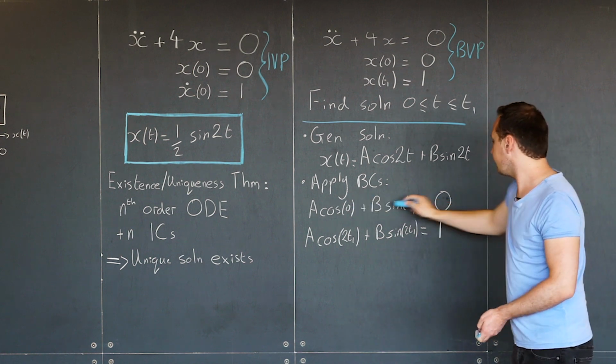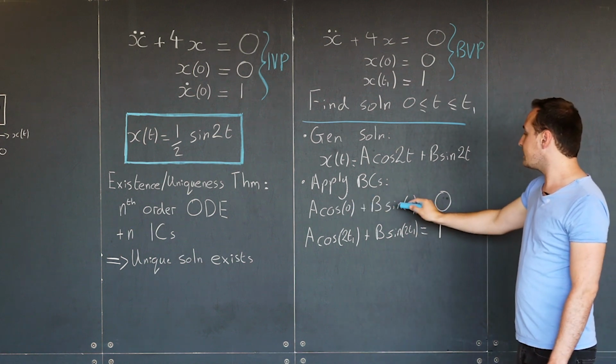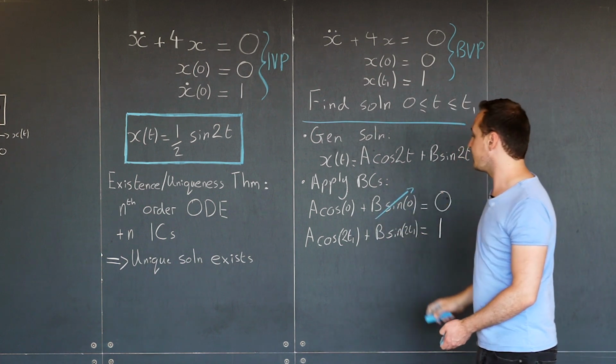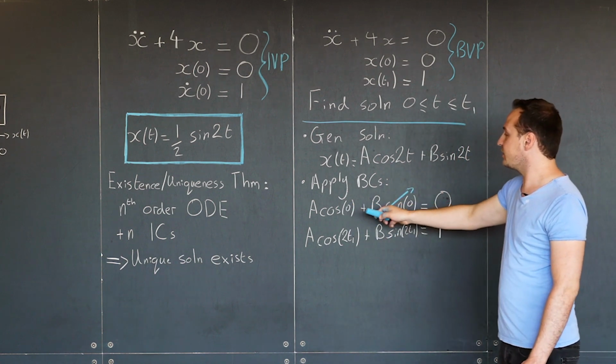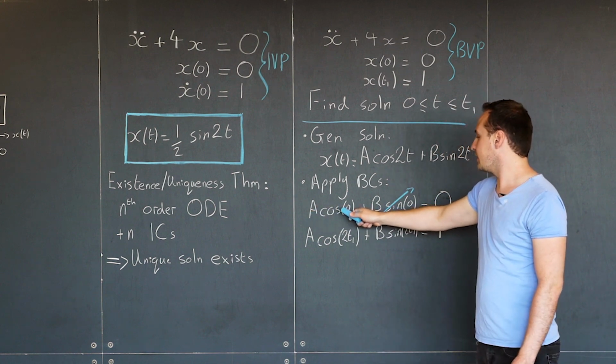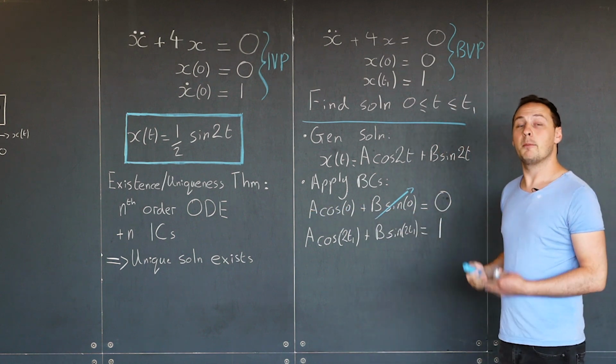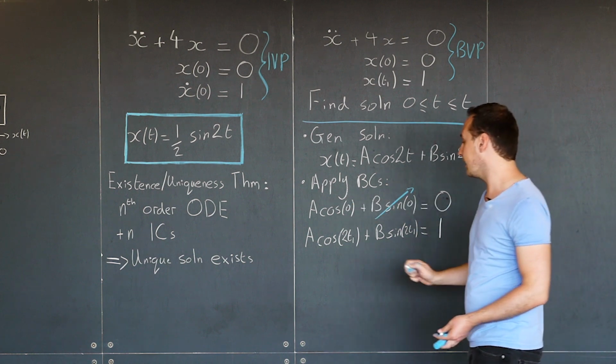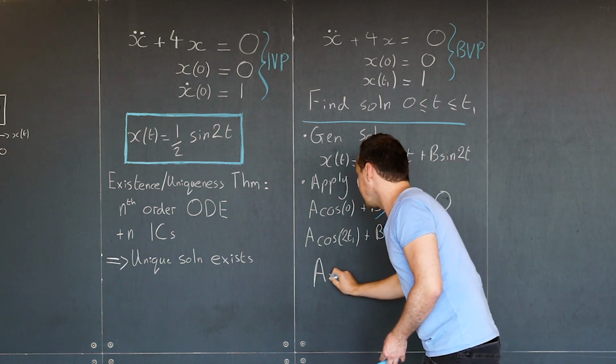Let's have a look at this first equation firstly. We know that sine of 0 is always equal to 0, so this term vanishes. And then this first equation just tells us that a times cosine of 0 is equal to 0. But cosine of 0 is 1, so this first equation just reduces to telling us that a has to equal 0.